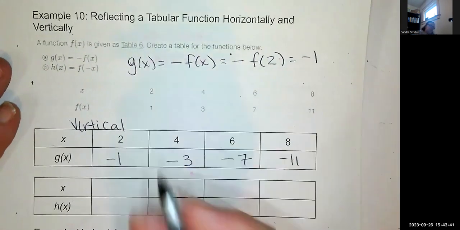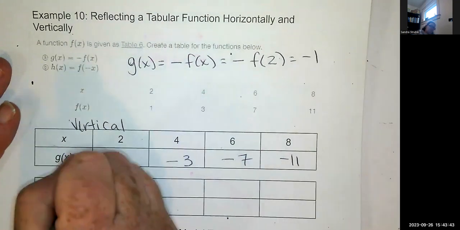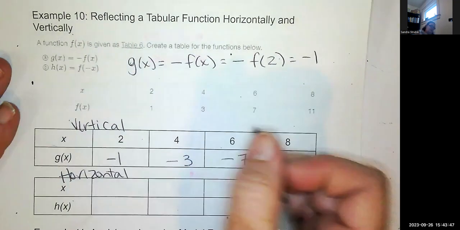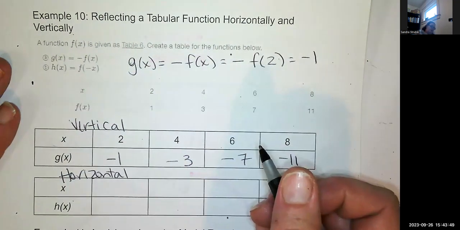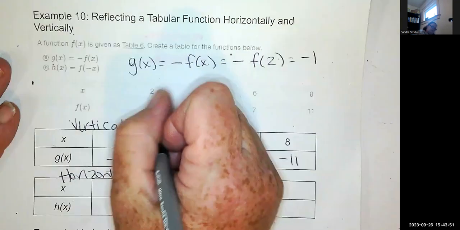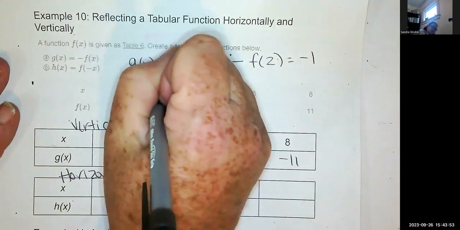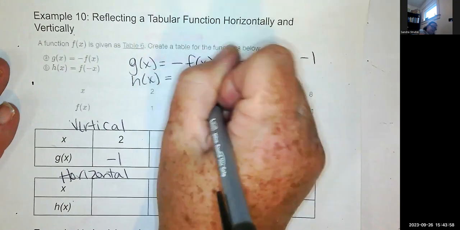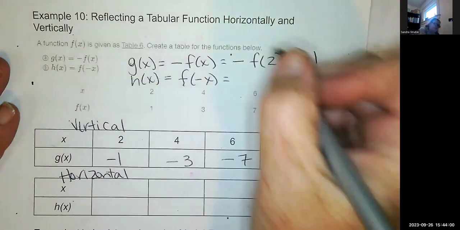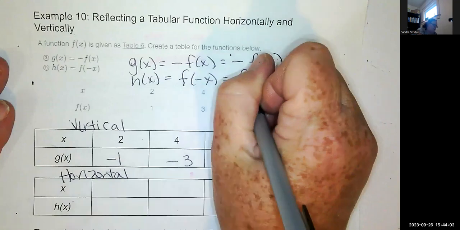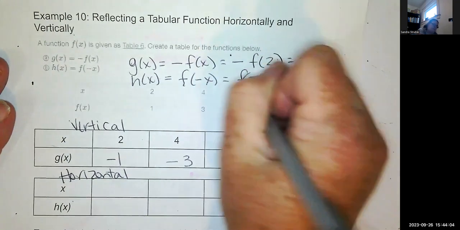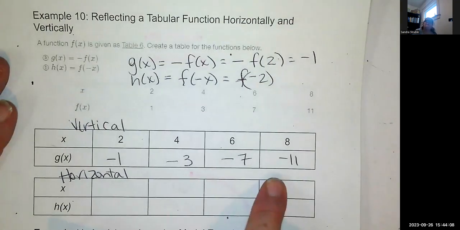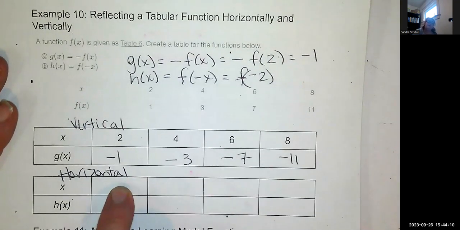Okay. For horizontal, we're going to have that h of x is equal to f of negative x. And that's equal to f of, well, -2. That means we have to change our x's because it's starting off with different x's.